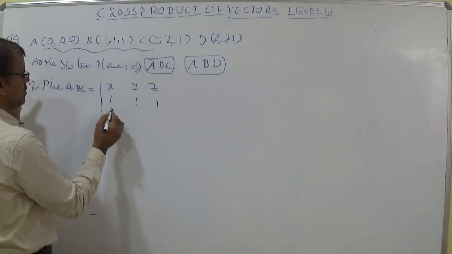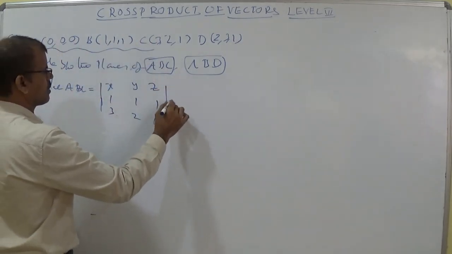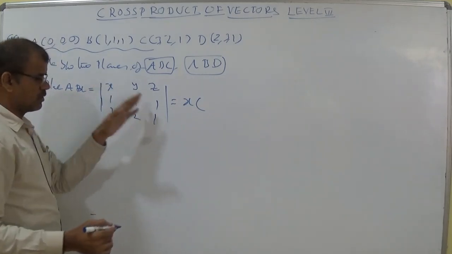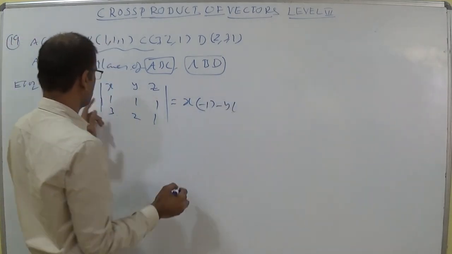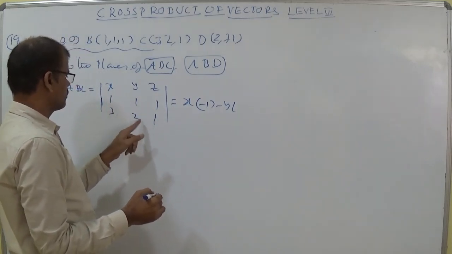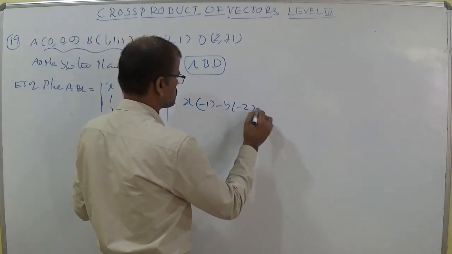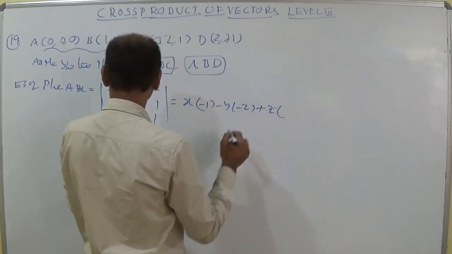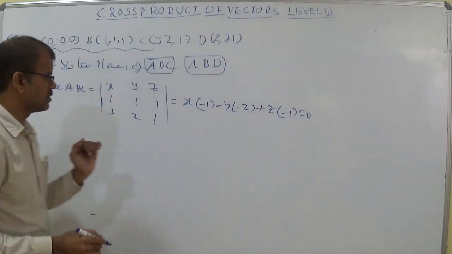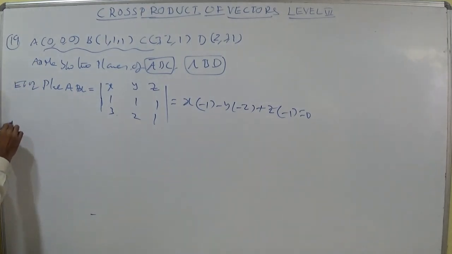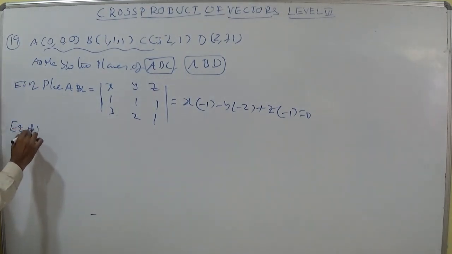C bar minus A bar: 3, 2, 1. Calculate the determinant: x into (1 minus 2), minus y into (1 minus 3) becomes minus 2, plus z into (2 minus 3) is minus 1, equal to 0. Leave it.